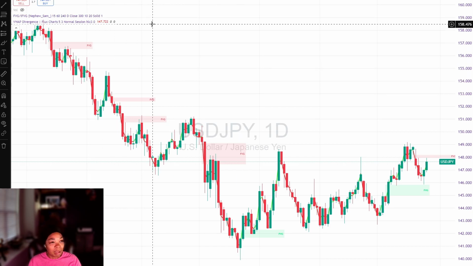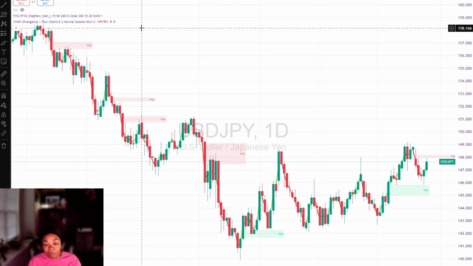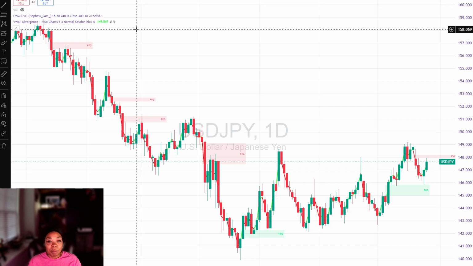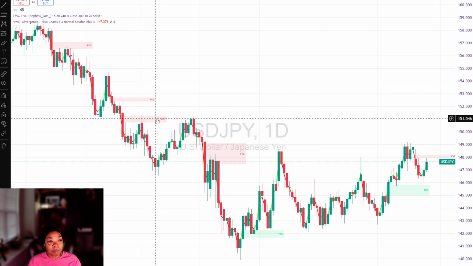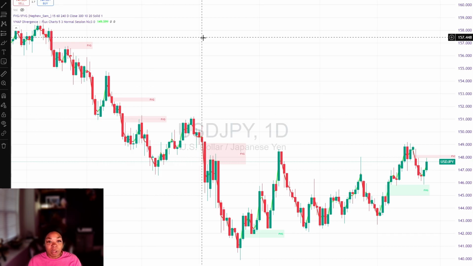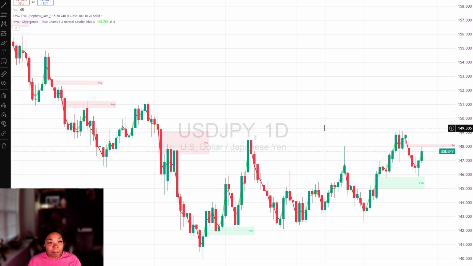So I'm working with VWAP here lately. Remember, you're always looking to improve your plan because the market changes. You need to be able to change with the market. So I've been using VWAP.